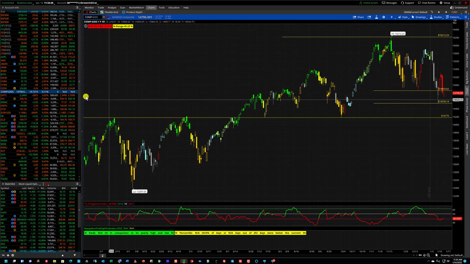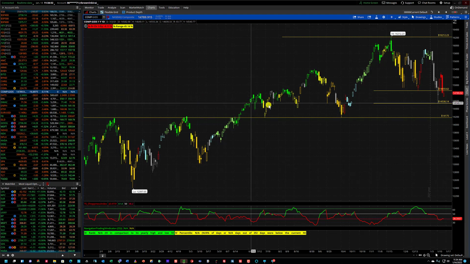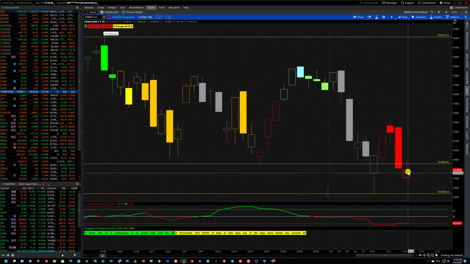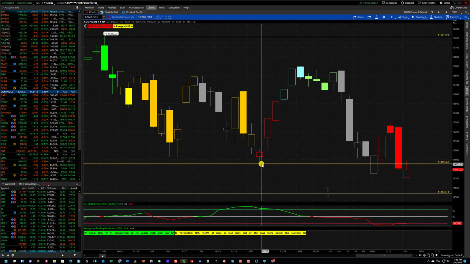Before I get into HGSI, I'm on the comp right now. You can see that it's down a little bit. It's been all over the place today. If I zoom in on this, you can see that it opened clear down here, traded up through the former support, and was rejected from that. This was support going back to here.